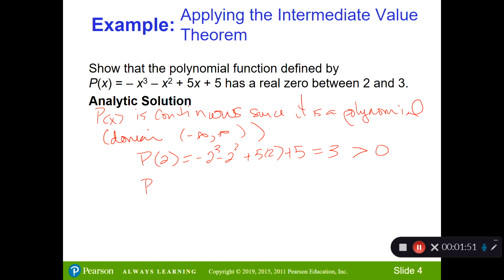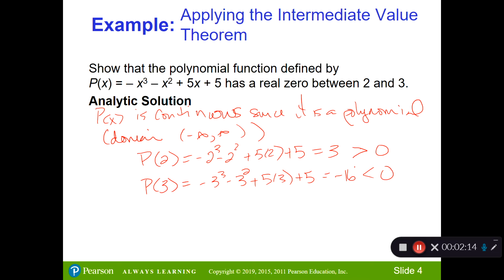Now let's look at 3. If I plug in 3, I have negative 3 cubed minus 3 squared plus 5 times 3 plus 5. That is negative 27 minus 9 would be negative 36 plus 15 would be negative 21 plus 5 would be negative 16. Again, it doesn't matter what that is. It just matters that it's negative.